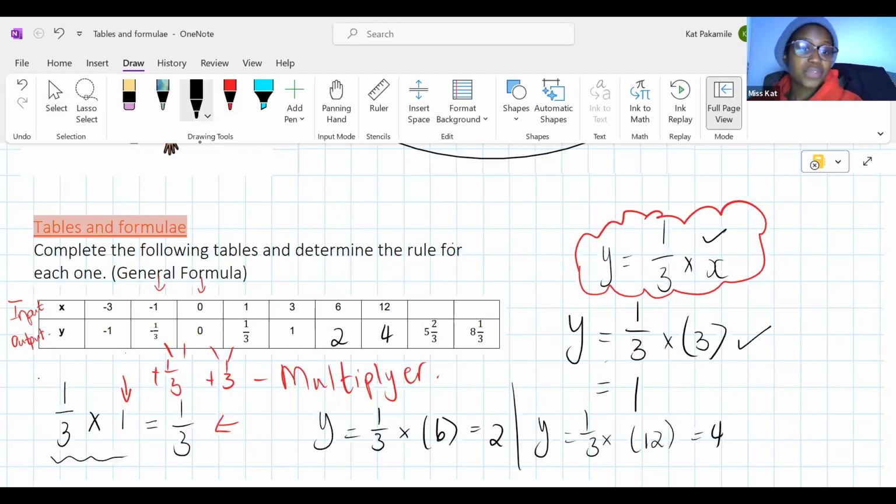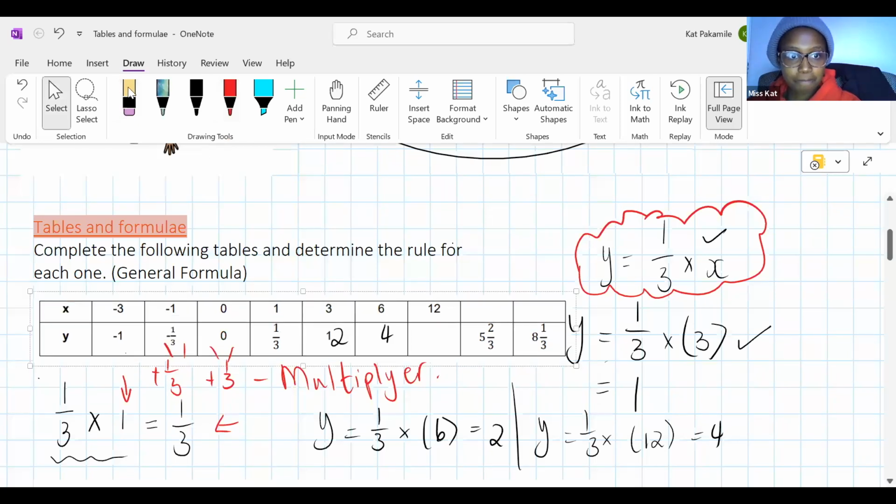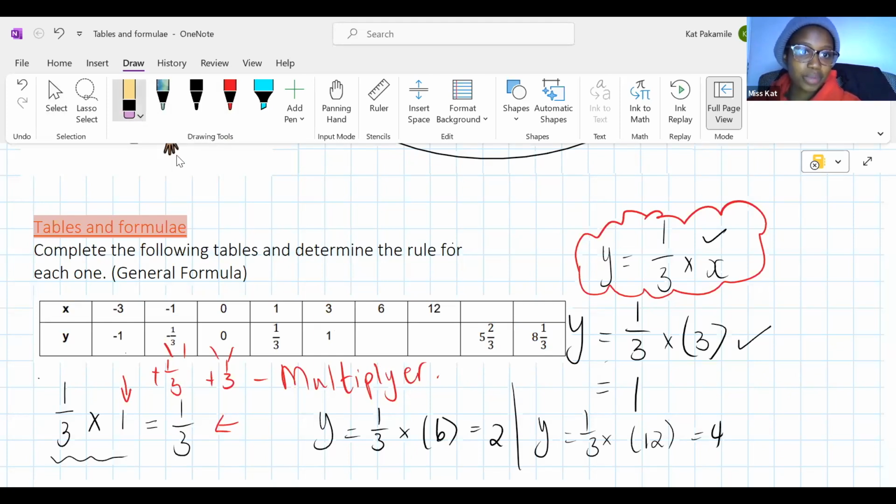We need to find the general formula of this table, okay? Were you here in our previous lesson, the one from Tuesday? Yes, I was. Okay, so you remember how inputs and outputs work, right? Yes, ma'am. Wonderful. So let's start all over again. I have a feeling you're not the only one who might be a little bit lost.